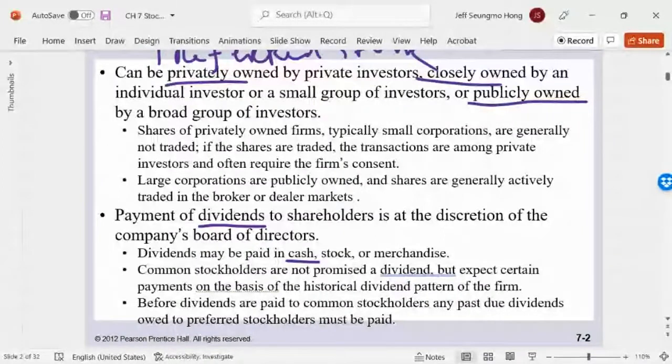Sometimes you receive dividends in stocks or in merchandise. This is horrible. Merchandise, think about it. If Samsung pays dividends in a refrigerator, if you have 100 shares of Samsung and they pay a refrigerator for every 100 shares, that's ridiculous, right? But sometimes this happens.